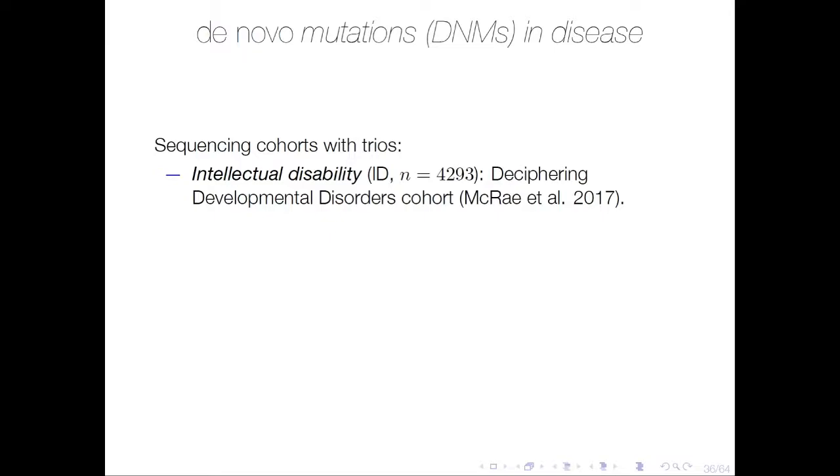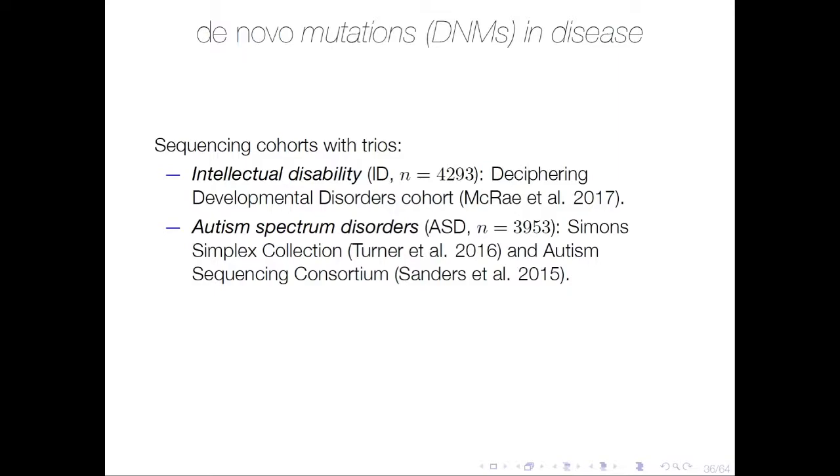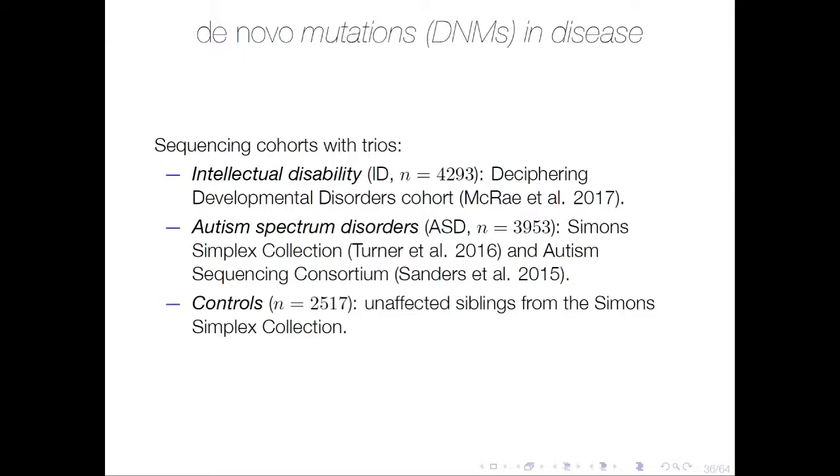And the first cohort we looked at was looking at intellectual disability in just over 4,000 cases, as well as in autism. And here we used 2 different cohorts with a total number of cases just under 4,000. And we use control healthy samples as unaffected siblings from this consortium.